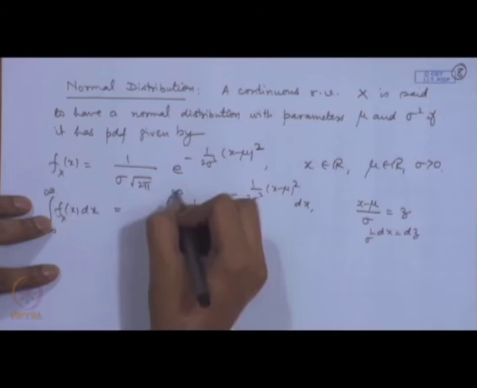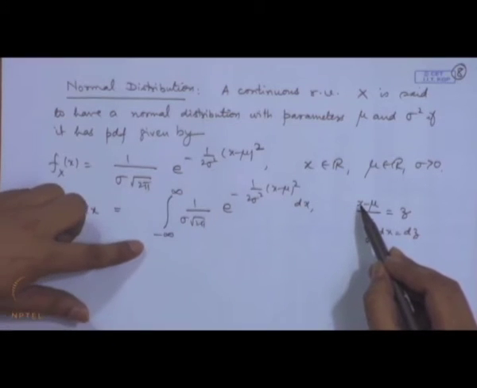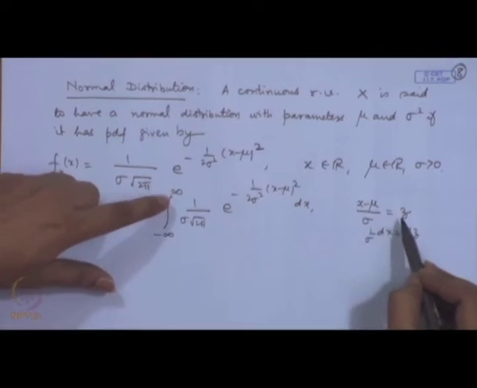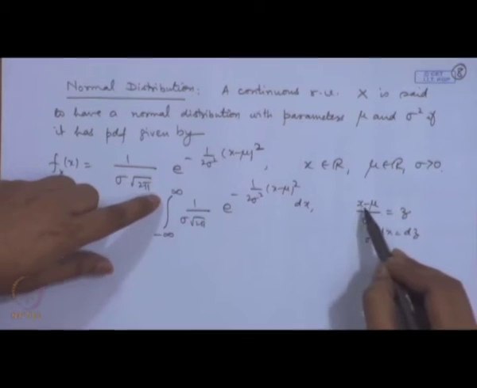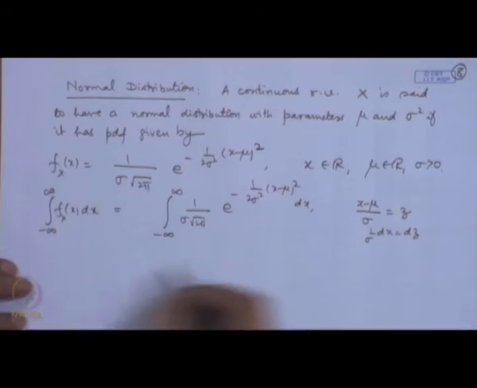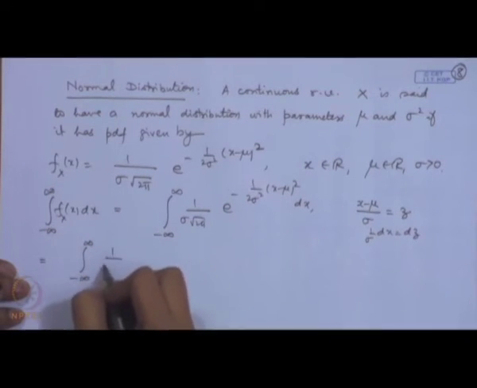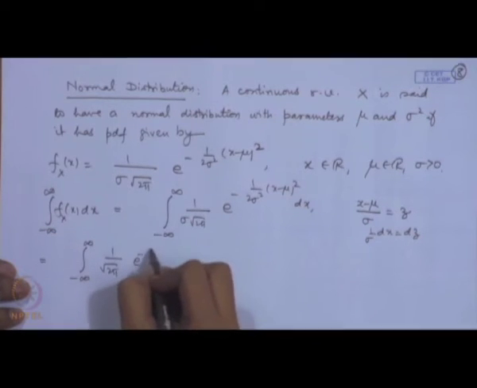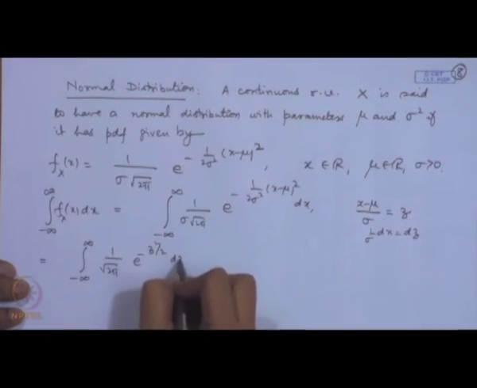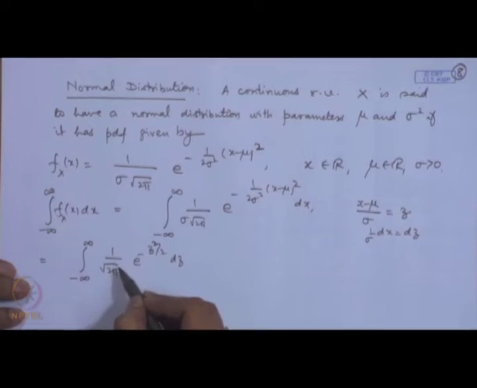This is from minus infinity to infinity. When the range of x is from minus infinity to infinity, sigma is positive, therefore, z will also vary from minus infinity to infinity. So, this will become equal to the integral from minus infinity to infinity of 1 by root 2 pi e to the power minus z square by 2 dz. Now, notice here this function is an even function and this integral is a convergent improper integral.